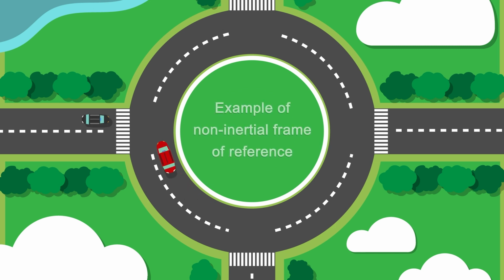Remember, this is accelerated motion. This car is accelerating with respect to the earth or any other inertial frame of reference. Any frame of reference attached to this car is called non-inertial frame of reference. Any frame of reference attached to an accelerating body is a non-inertial frame of reference.